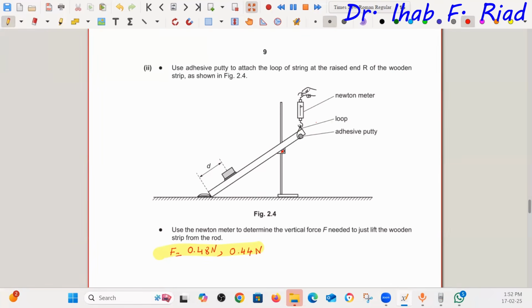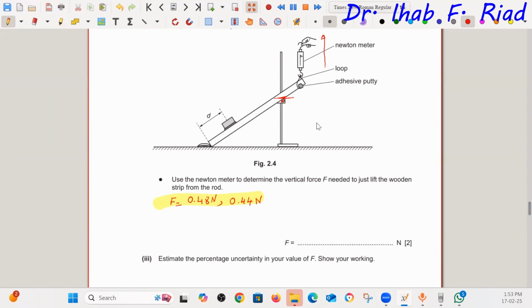So we start lifting or pulling up slowly and gently through the Newton meter till the piece of wood is just leaving the boss. It is not anymore being held by the boss. Can you imagine that? So it is just lifting up, and we now take a value for F.